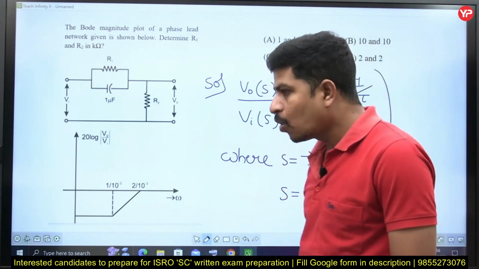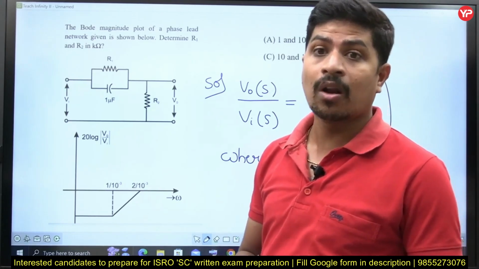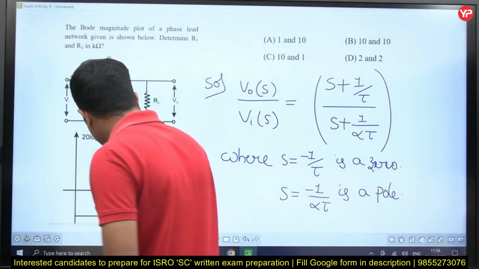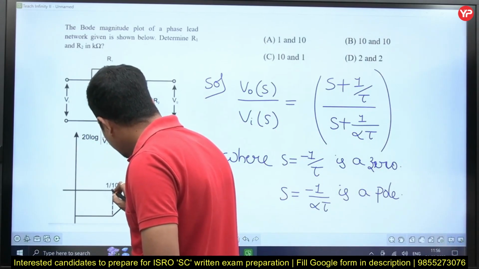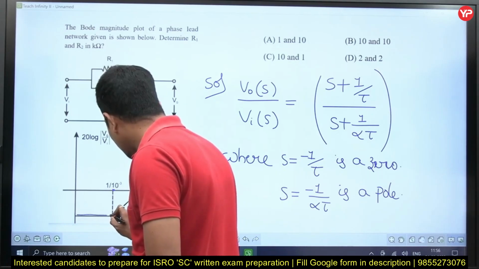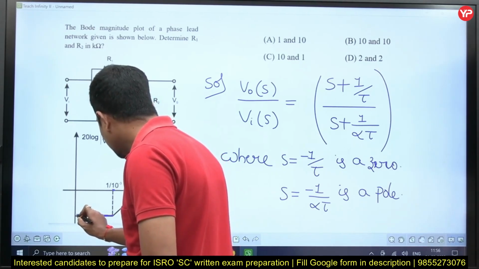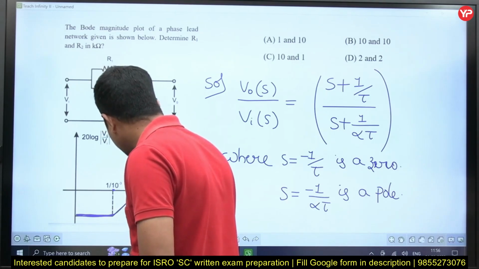We all know that these poles and zeros are called corner frequencies. What is the first corner frequency? This is the first corner frequency. Till here, the Bode magnitude plot has a slope of 0, but all of a sudden the slope is raised, that's why the value is rising.